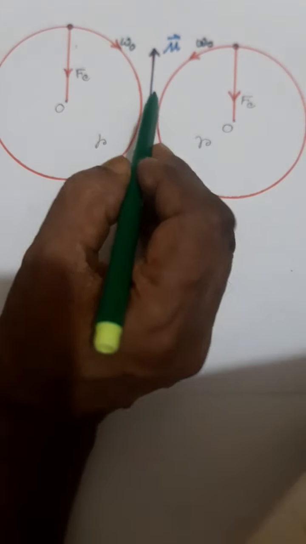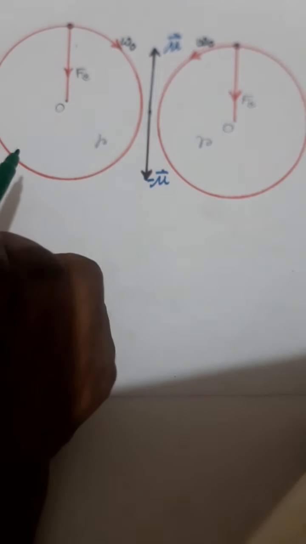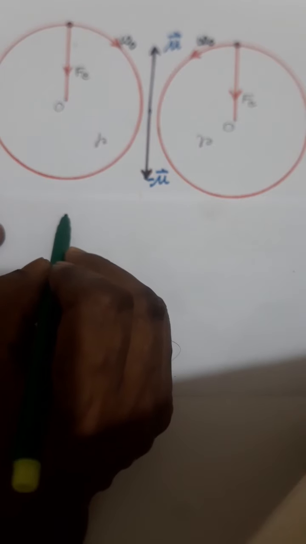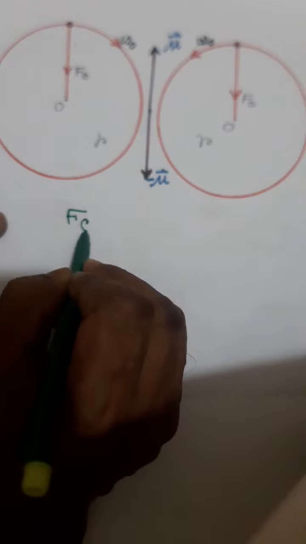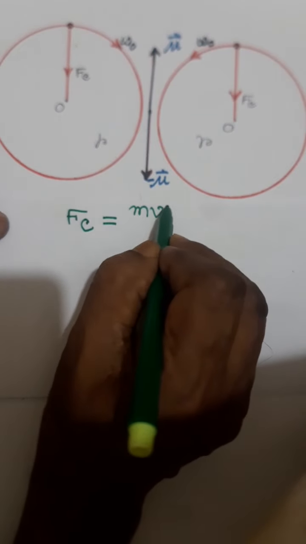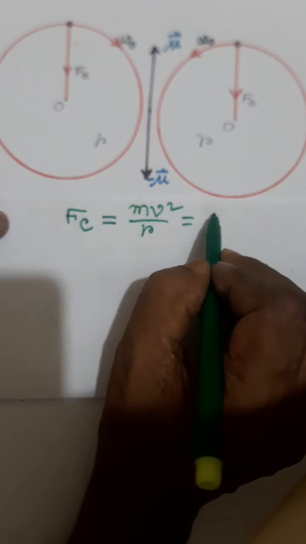Two Coulomb forces of equal magnitudes Fc and Fc on both the electrons act as centripetal forces. The magnitude of these centripetal forces are Fc equal to m v square by r. v equal to r omega.